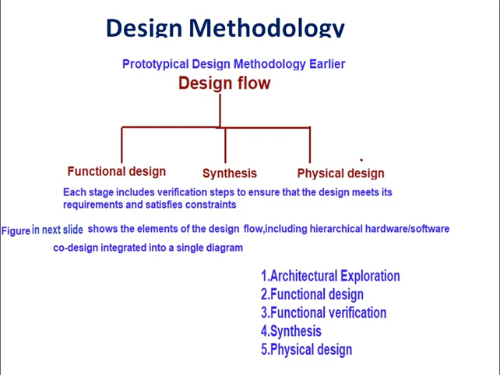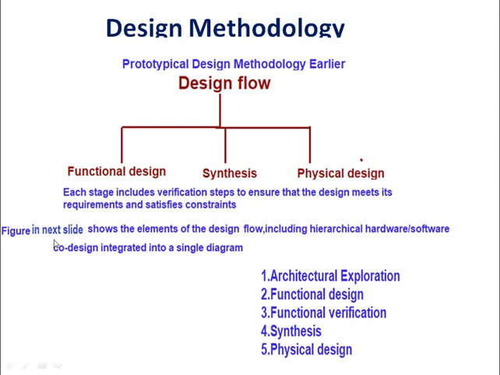Earlier in Module 1, we divided the design flow into functional design, synthesis, and physical design. Each stage, whether functional design, synthesis or physical design, includes verification steps to ensure that the design meets its requirements and satisfies its constraints.